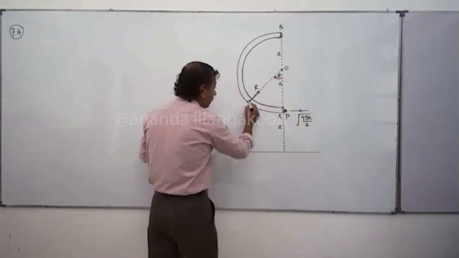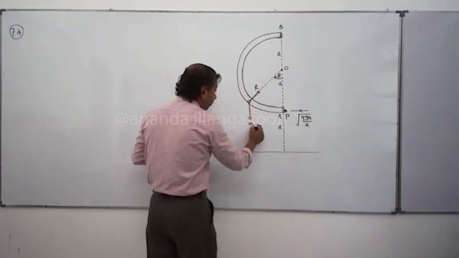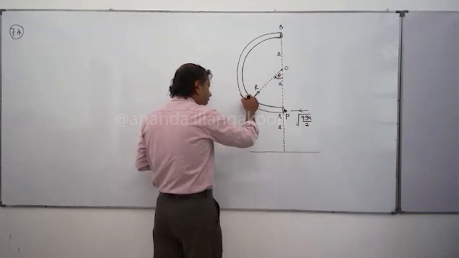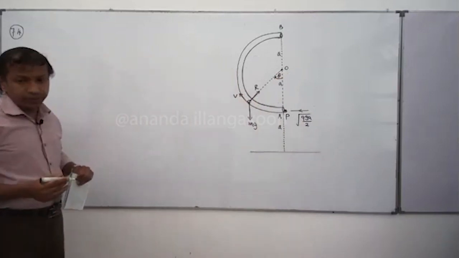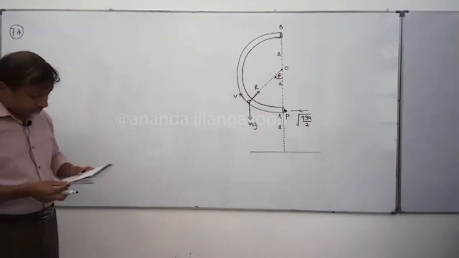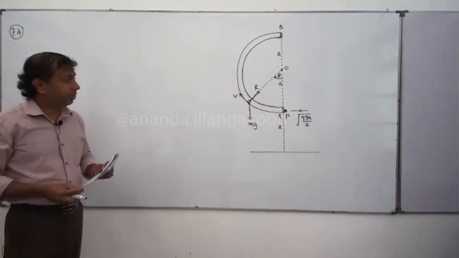Weight is mg. In this direction we have a velocity, let us take that as velocity v. This is the diagram.